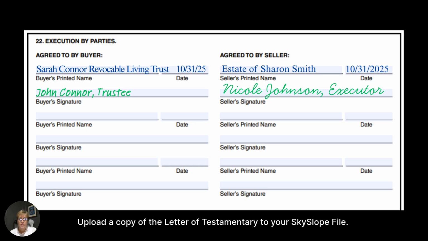Another thing to look at, we're going to talk about estates because they're a little bit different, but on an estate, it's going to be noted as the Estate of Sharon Smith, and then the signatory on that is going to be either an executor or an administrator, depending on how the estate is set up.